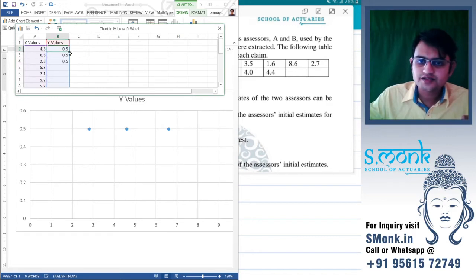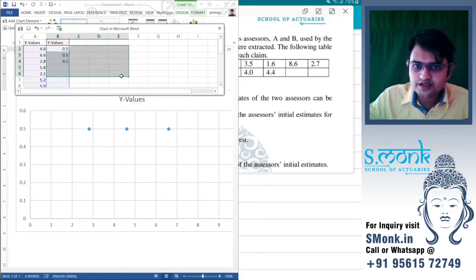For the y-axis, all I have to do is make sure that all of these values are 0.5. This works exactly the same as Excel, but only if this blue box is not here.